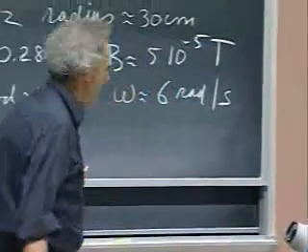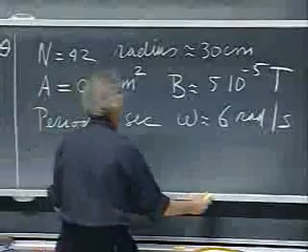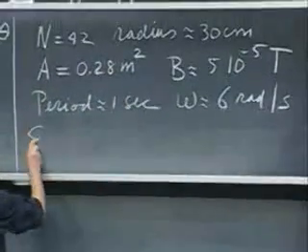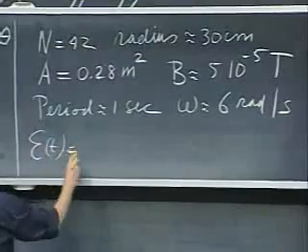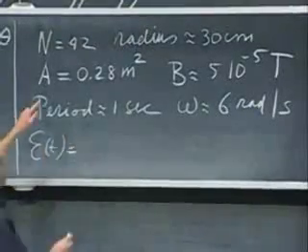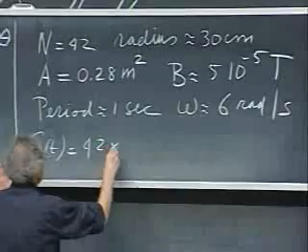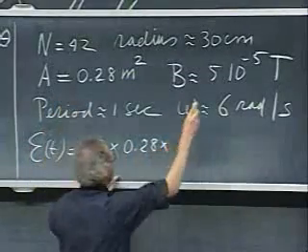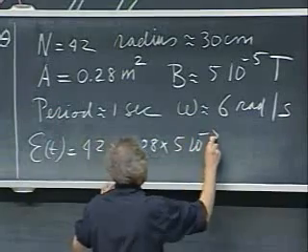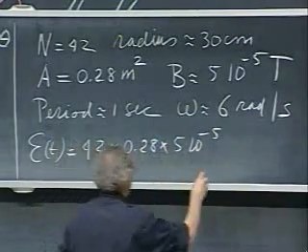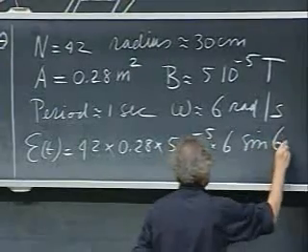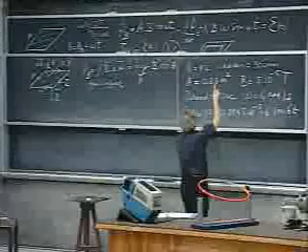And so what is the EMF that I'm going to get when I rotate it once around per second? Well, the EMF will change as a function of time. We're going to get 42, that's N. We're going to get A, that is 0.28. We're going to get B, that is 5 times 10 to the minus 5. And then we're going to get omega, that is 6. And then we get this sine of 6t. You see the equation there.